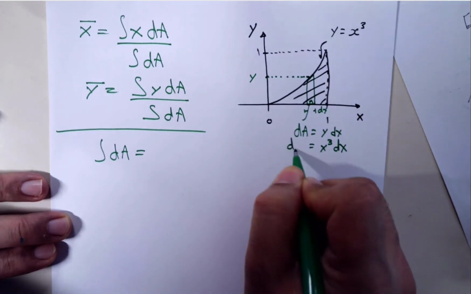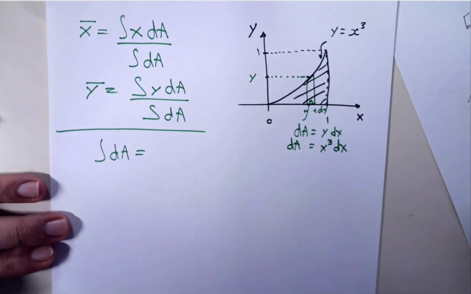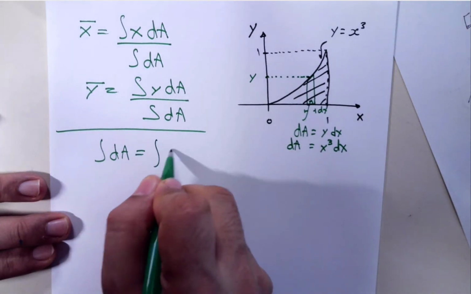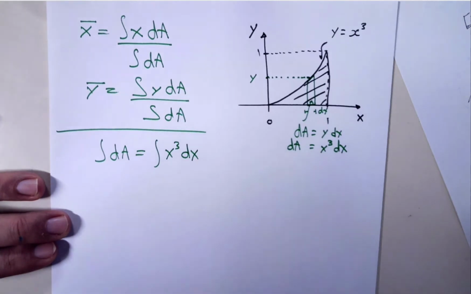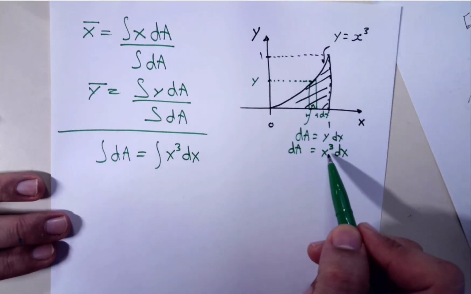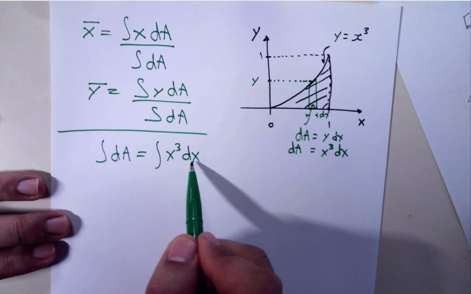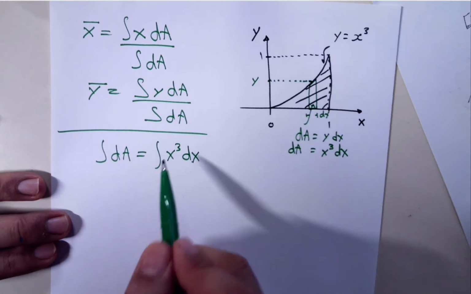So this is my dA, right? So simple. So x cubed, so the purpose is to be able to do the integration. I was able to identify everything with respect to dx, therefore I can conduct that integration.